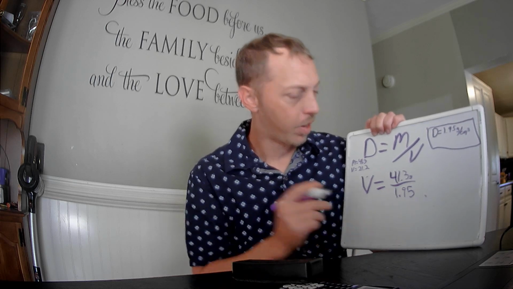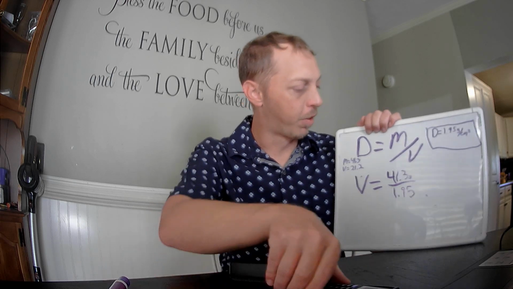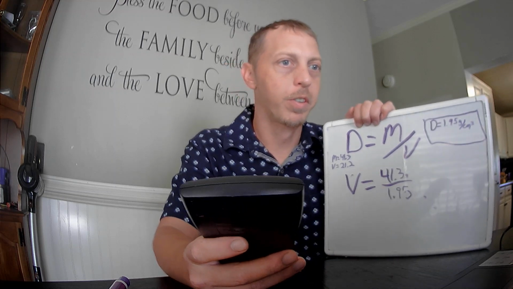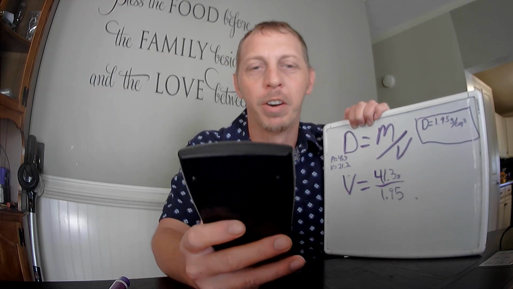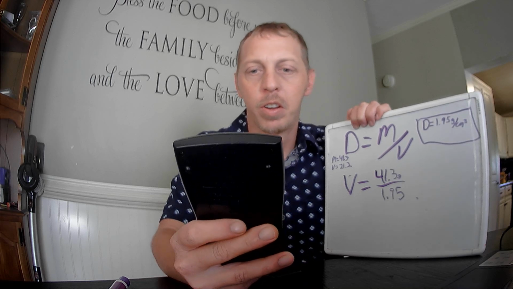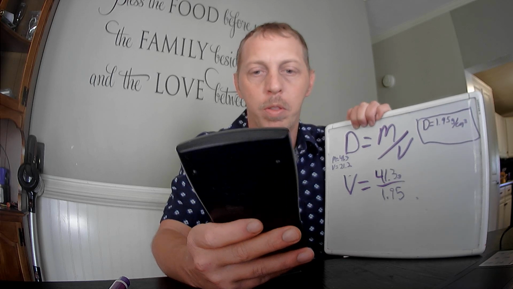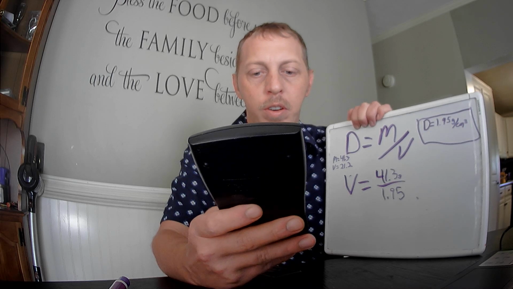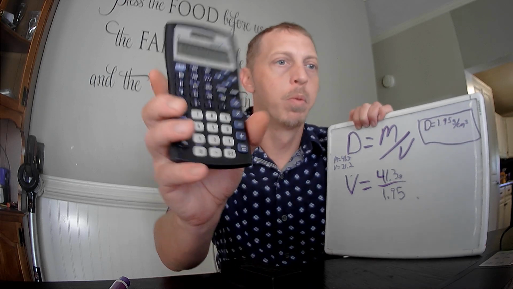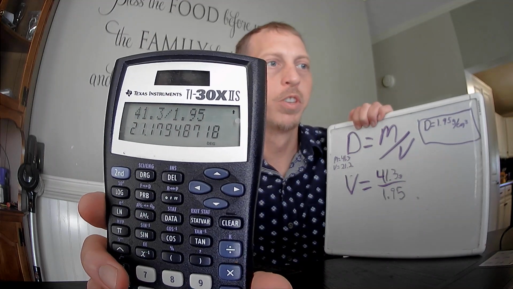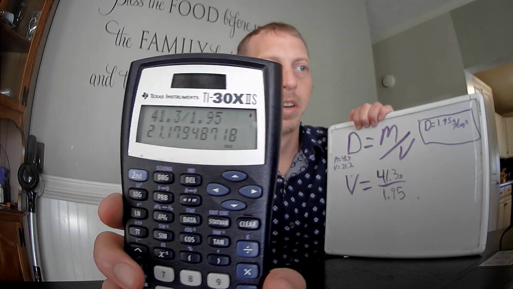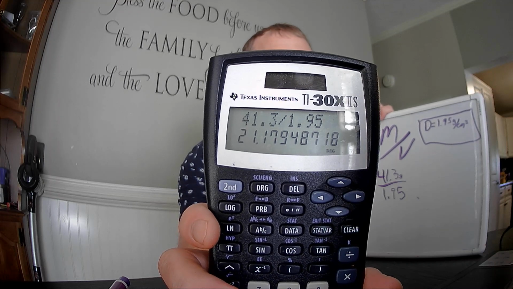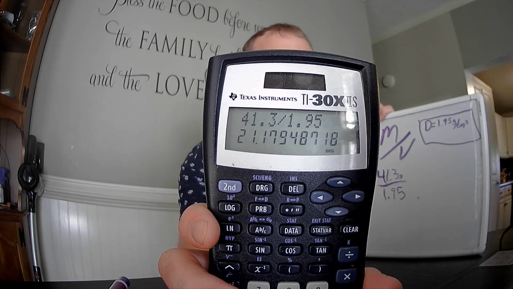All right. So when I plug this into my calculator, sorry, I've got a window kind of glaring in. I'm sorry. 41.3 divided by 1.95. I get 21.17. So that's how I plugged it into my calculator, 41.3 divided by 1.95.